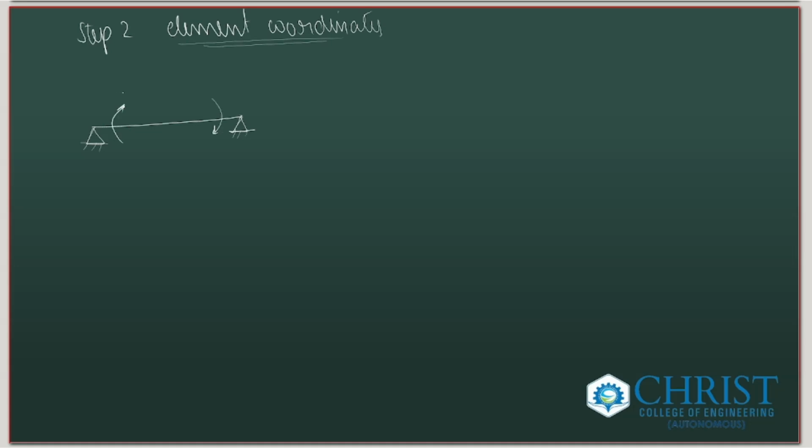For element coordinates, we can consider two beam elements with clockwise moments on each side. This being our first beam element and this being our second beam element.